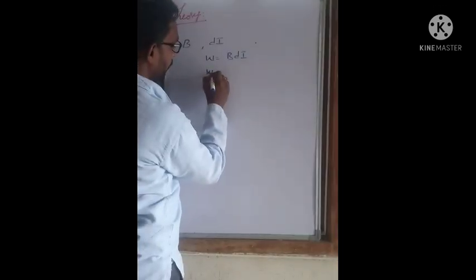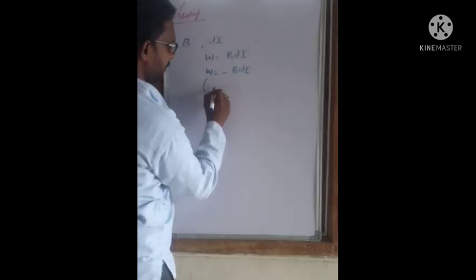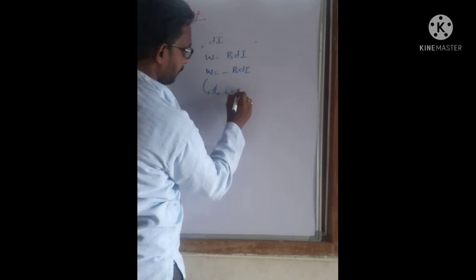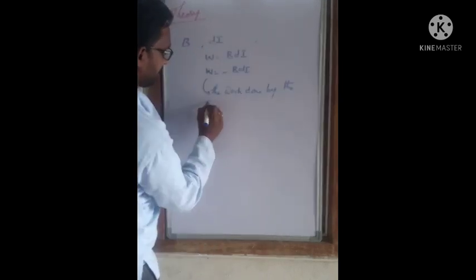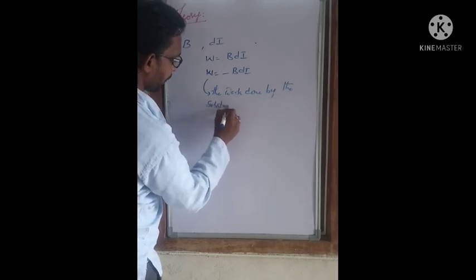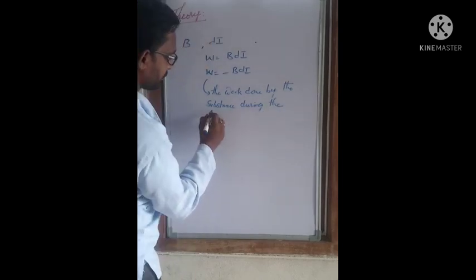During the demagnetization process, the substance utilizes its internal energy, which is equal to W equal to minus B dI. So this is the work done by the substance during the demagnetization process.